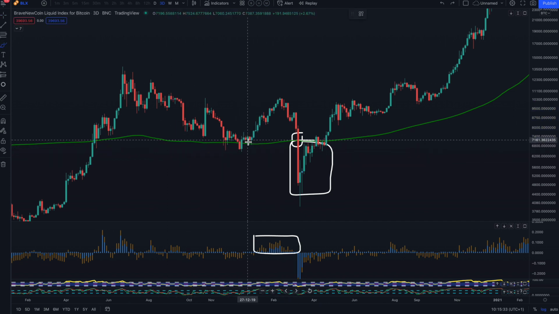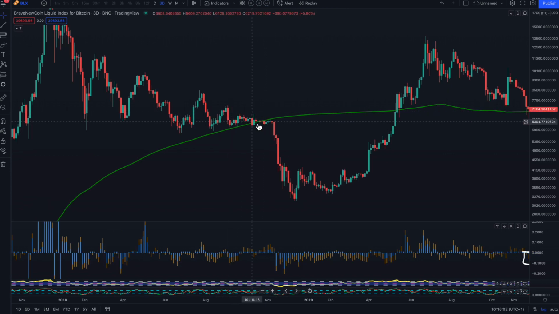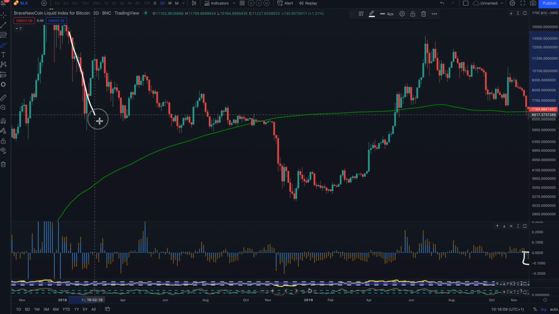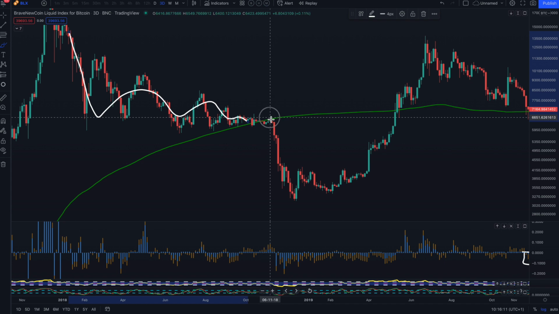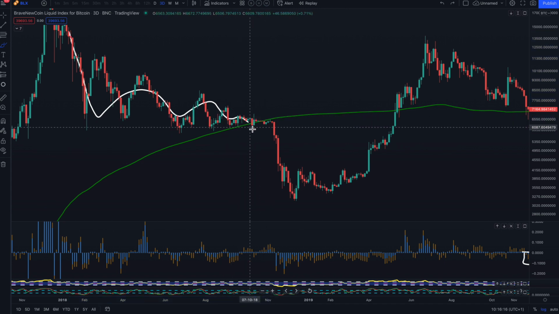What's important is that when we fell below this green line, once again, the BitMEX index was in negative territory here. The previous time we went below this green line was back at the end of 2018 in the bear market. We came and found support, and then when we went below it, we recaptured it.